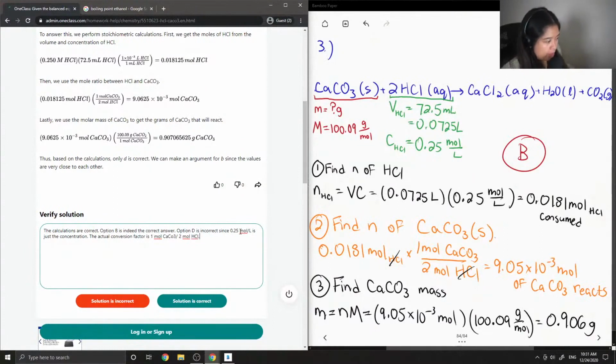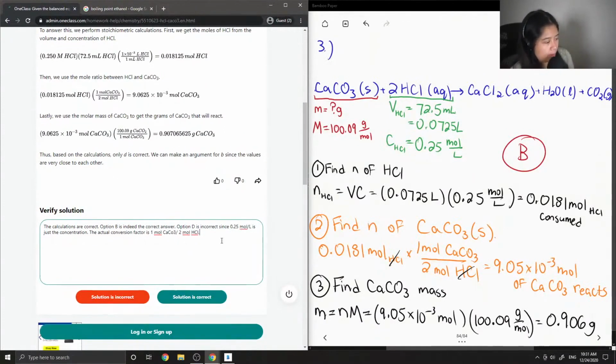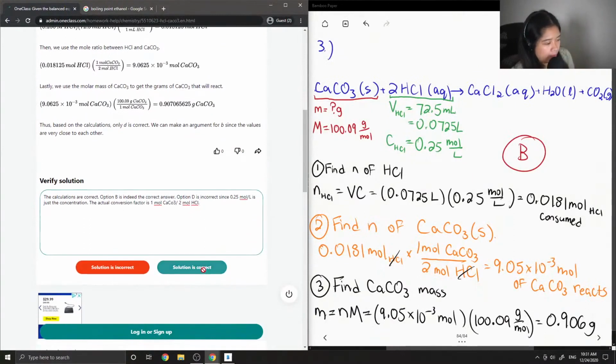But the actual calculations were correct. I just added that little note.